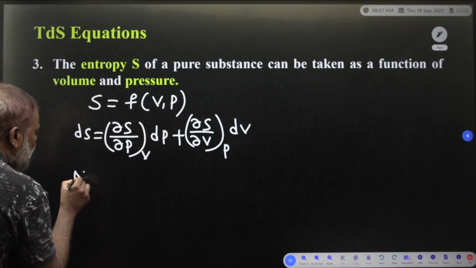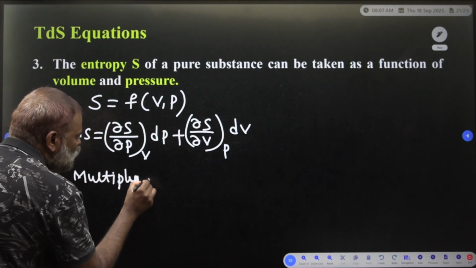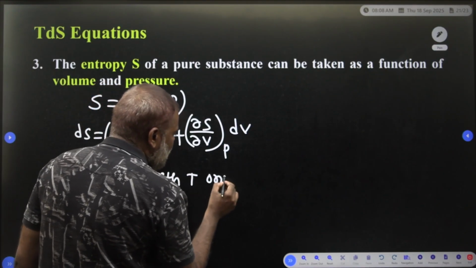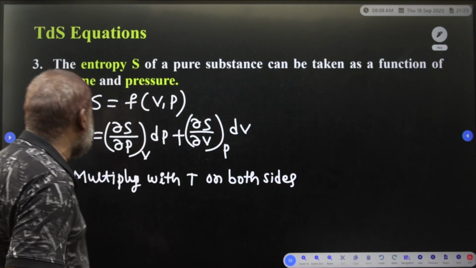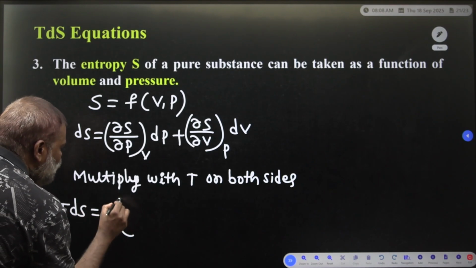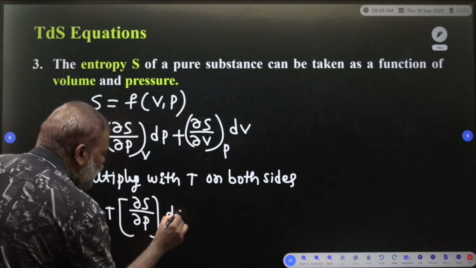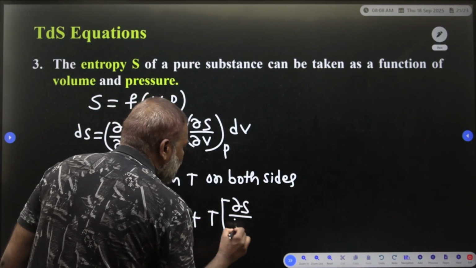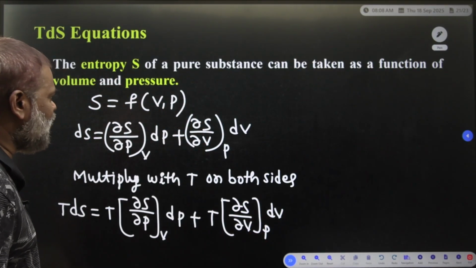What are we going to do? Multiply the above expression with T on both sides. So therefore TdS is equal to T into ∂S/∂P at constant volume into dP plus T into ∂S/∂V at constant pressure into dV.